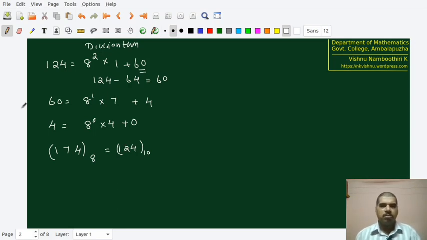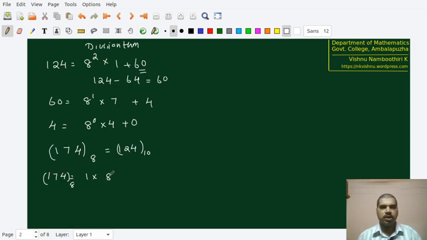Now, to convert the number 174 in base 8 back to base 10, exactly the same procedure can be followed. That means 174 is equal to 1 into the largest power. See, we have to count from the end. So 4 is at 8 raised to 0, 7 is at 8 raised to 1, and 1 is at 8 raised to 2, which is 8 square.